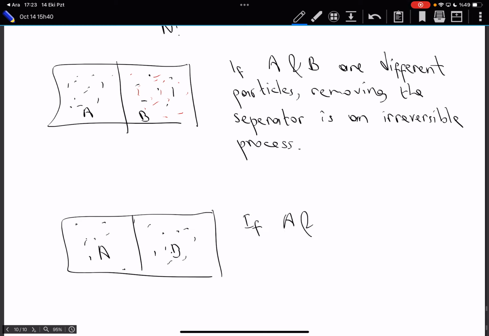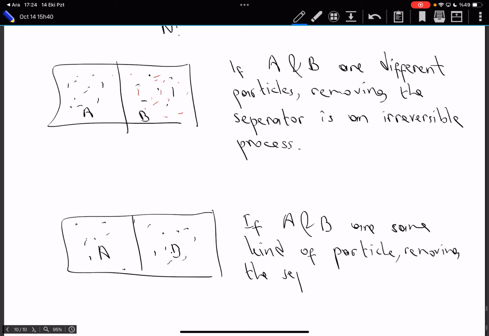if A and B are the same kind of particle, removing the separator is a reversible process.